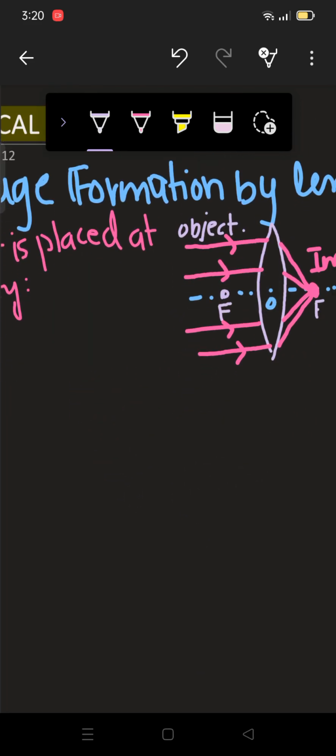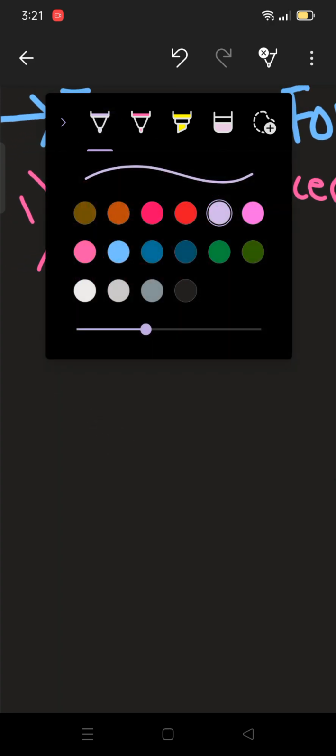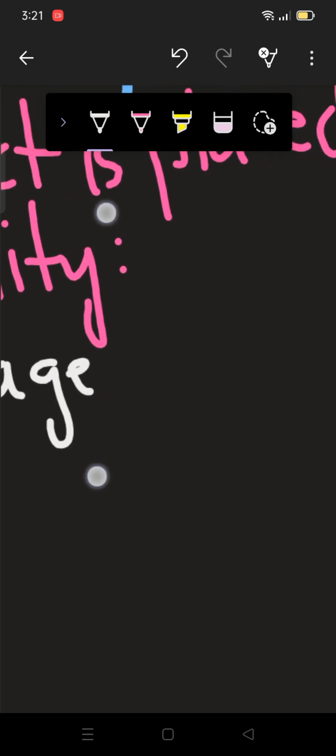Now let's see what would be the properties of this image, the image which is formed at f. The first property which I'm going to write here is the location where the image is formed. So the image is formed at f.